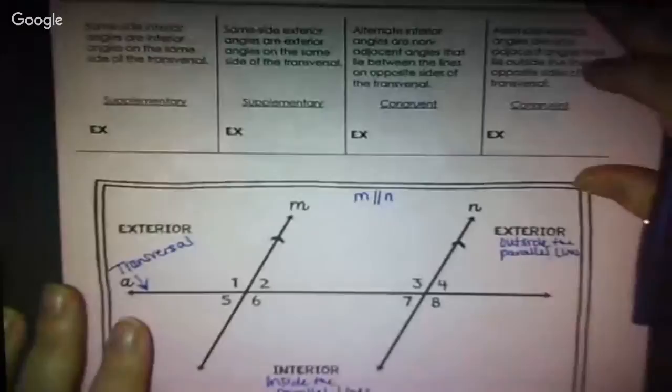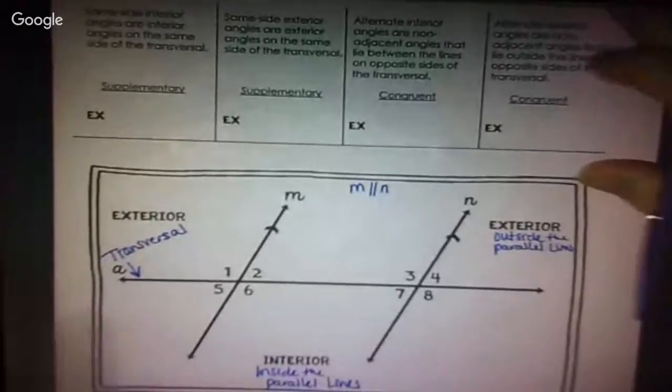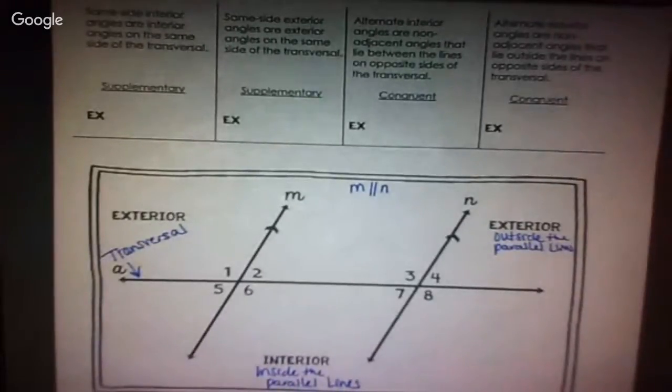So I'm going to shrink it down here a little bit so you can see everything. All right. The first one on the left says I need to look at same side interior angles. So same side and then interior.